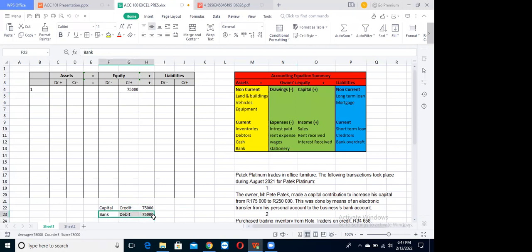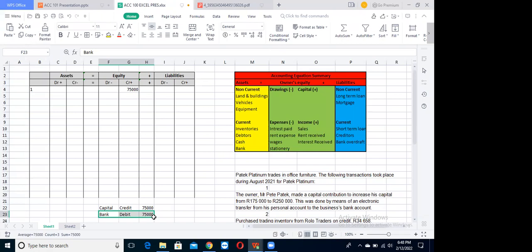The bank account, we are told that we are supposed to debit it with 75,000 rand. So the next question that should come to our mind is what class does the bank account fall under? Is it an asset? Is it equity? Is it a liability? With time, you come to know by heart what it is.